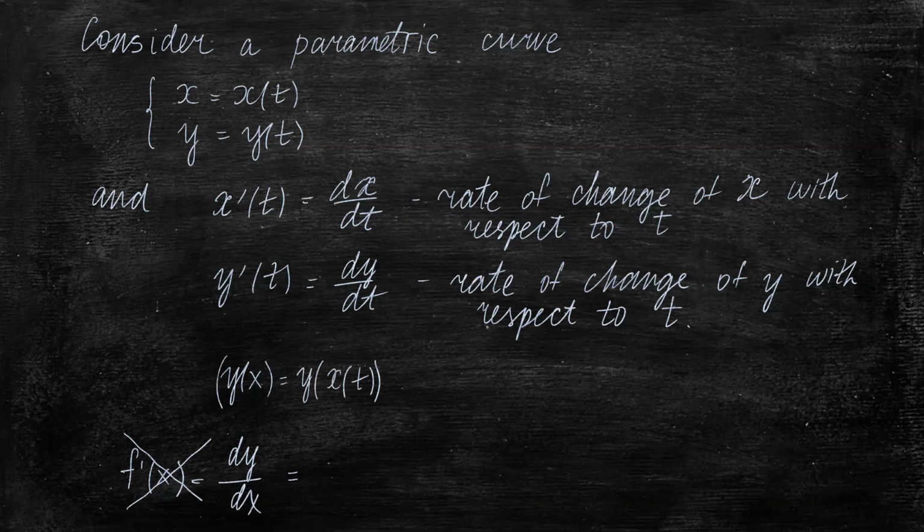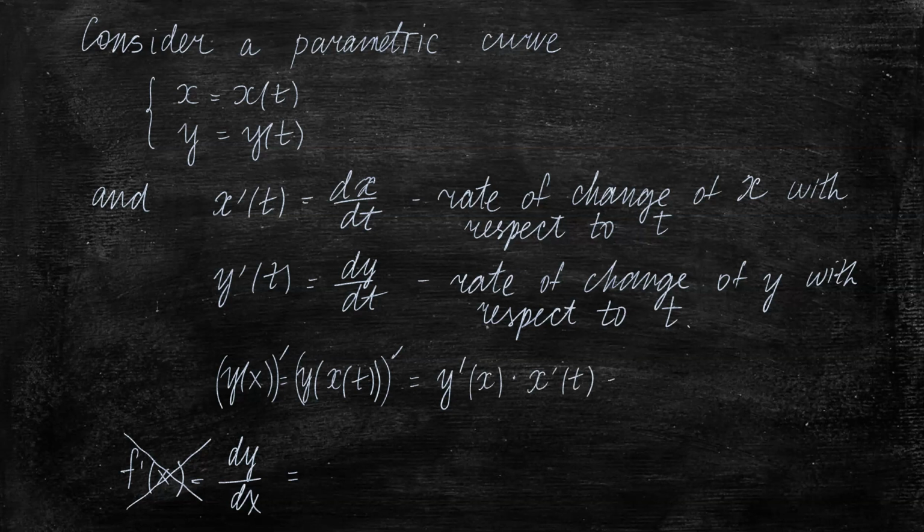And now if we were to differentiate this with respect to t, then we would apply the chain rule, which will tell us that this will be the derivative of y with respect to x multiplied by the derivative of x with respect to t.